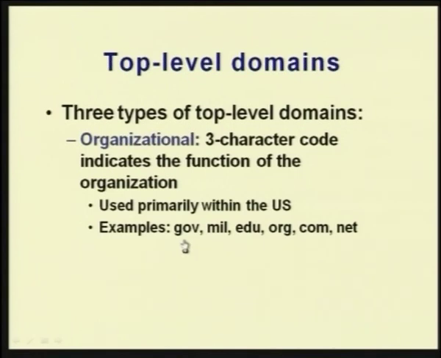You have these 6 different terms that are used: GOV for government, MIL for military, EDU for educational organizations, ORG for other organization, COM for commerce, NET for network service providers, and so on. Initially, in fact, these were the only 6 domain names that existed, because initially this entire thing was designed and used in the US, and they came up with these 6 different domains depending on the purposes for which it was supposed to be used.